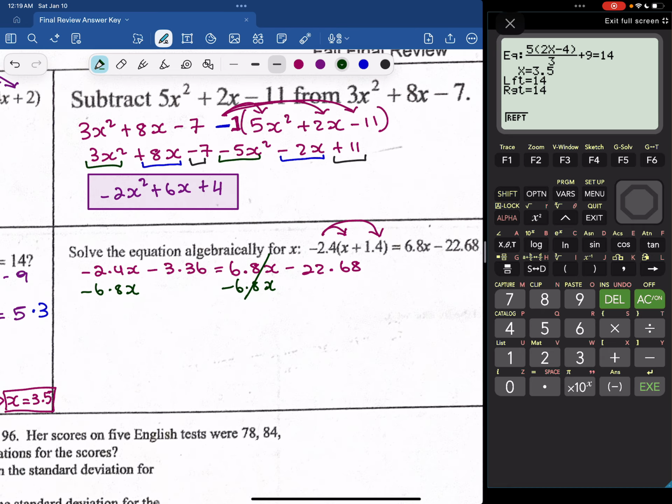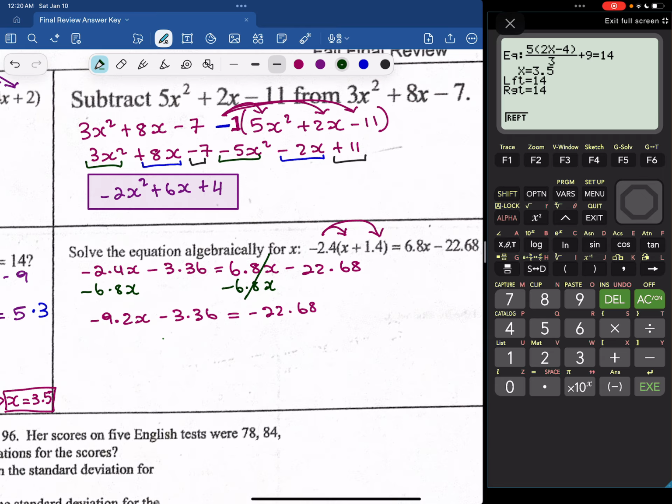This will cancel, and negative 2.4 minus 6.8 is negative 9.2x. I'm going to bring down my negative 3.36, and that is equal to negative 22.68.